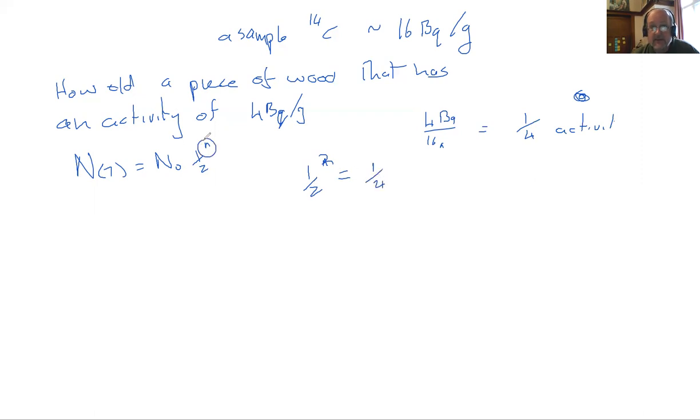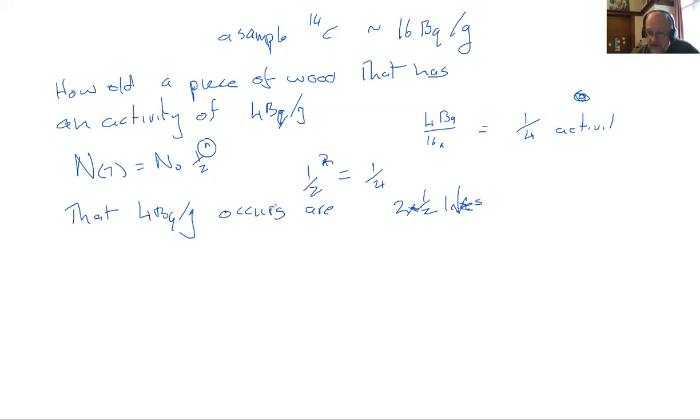So 4 becquerel per gram occurs after 2 half-lives. And remember, half-lives are constant. 2 times half-lives.